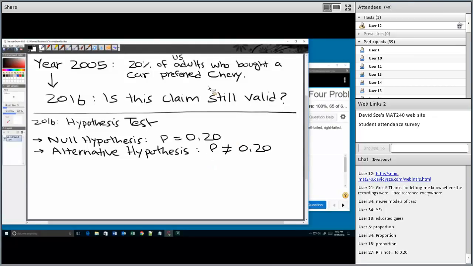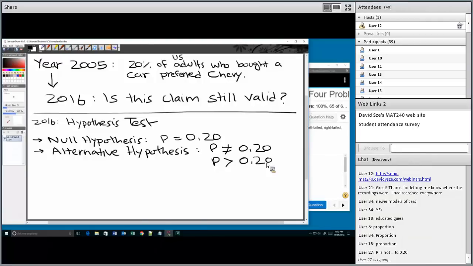But we can also have, what if, for example, this brand has produced some really nice cars over the years and has some really nice options so that the proportion has gone up. So there are more people preferring this brand. So in that case, the alternative could also be that p is greater than 20%.